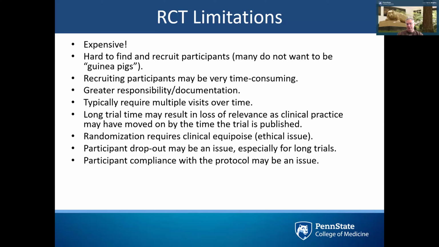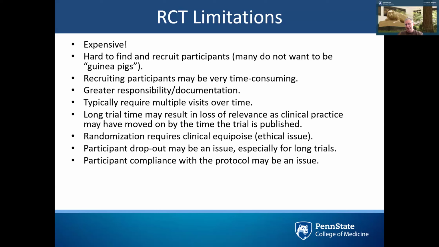A long trial may result in a loss of relevance as the clinical practice may have moved on by the time the trial is published. So you may start out today and the trial takes a long time. It's a 10-year study. By the time you've wrapped it up, a new method may have come out and what you started with is obsolete. Randomization requires clinical equipoise.